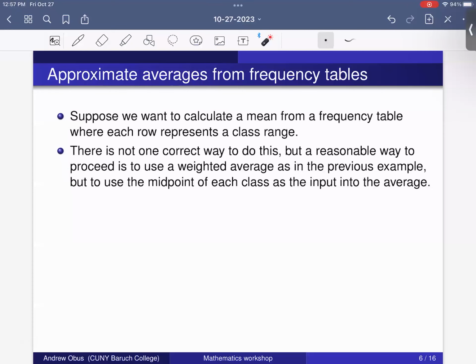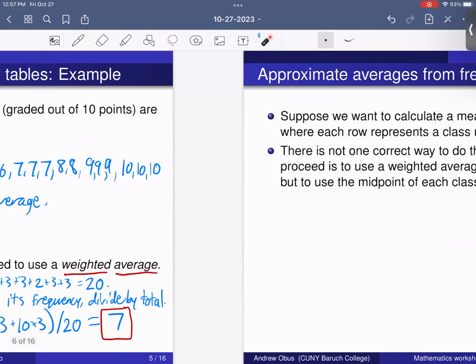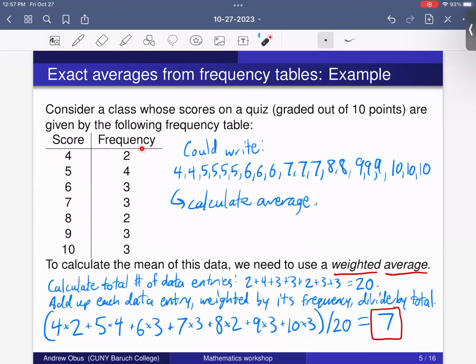So now how can you do an average from a frequency table where in this case, we want to calculate a mean from a frequency table where each row represents a class range, or as Harrison asked, group data. Okay. And so the answer is there's not really one correct way to do this. It's just like percentiles. There's little differences in ways that can all be correct. But probably the most reasonable way is to use a weighted average, just like we did for this table over here. We would still use a weighted average.